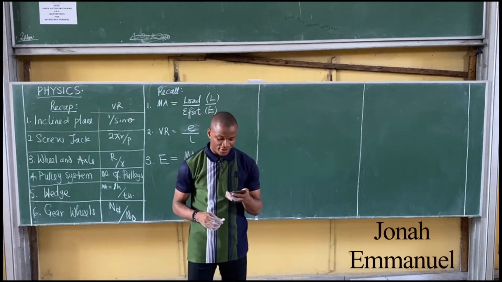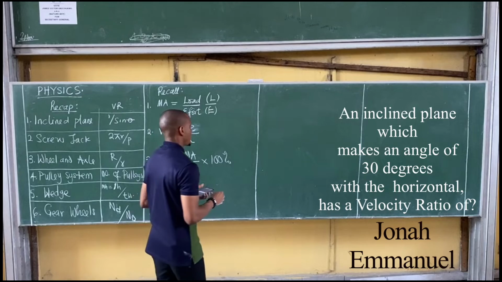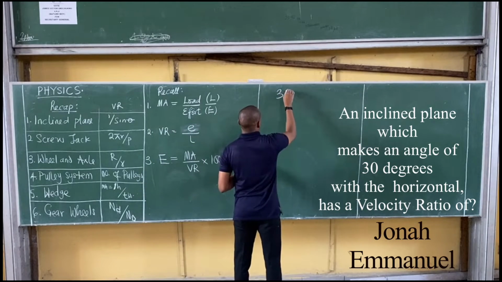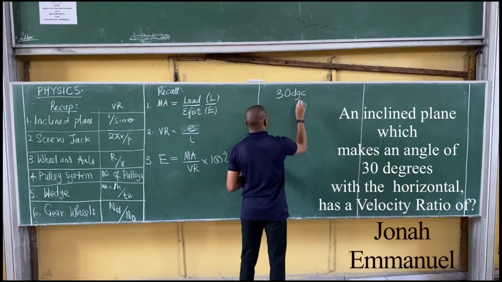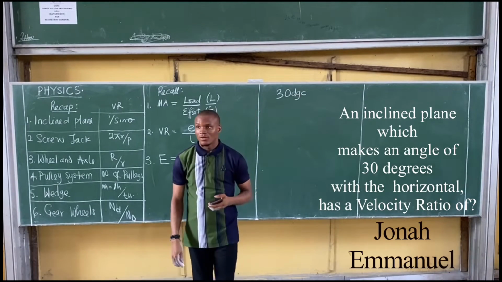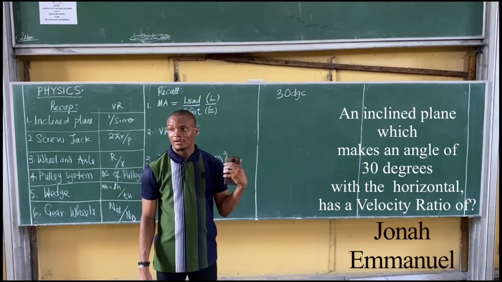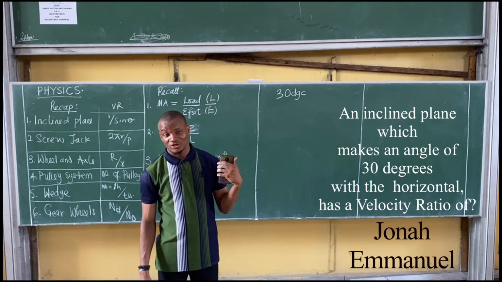An inclined plane which makes an angle of 3, what here is 3 DGC. What does this mean? Huh? Degrees, not Celsius, not temperature.